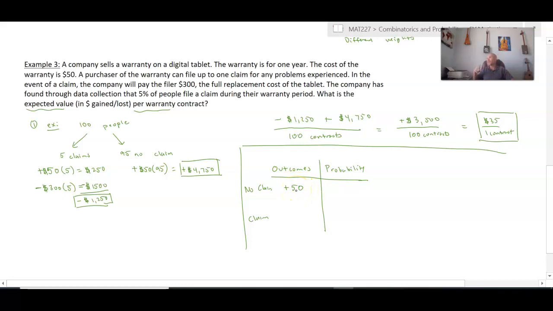If there is a claim, well, they're still going to collect $50 from the participant of the plan, but they're going to lose $300 on that participant because of the claim being filed. So if there is a claim, the company loses $250.